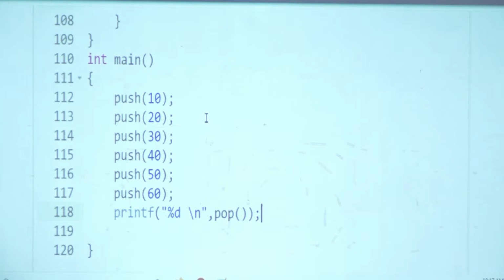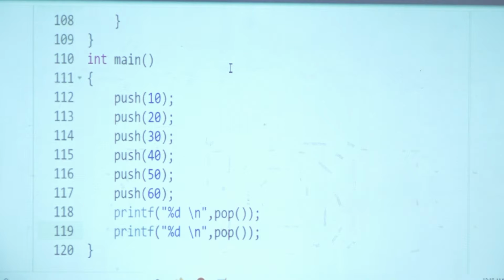At this point, what should I see? 50, not 60. 60 is rejected. 60 doesn't go into the list at all, doesn't go into the stack. So when I say pop now, I should see 50. Agreed? Now I'll say pop again.